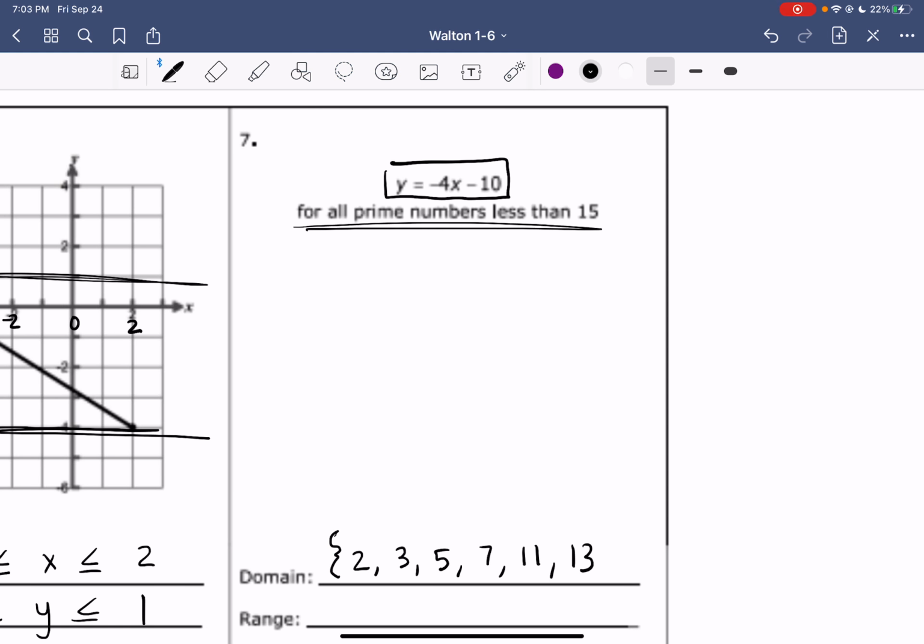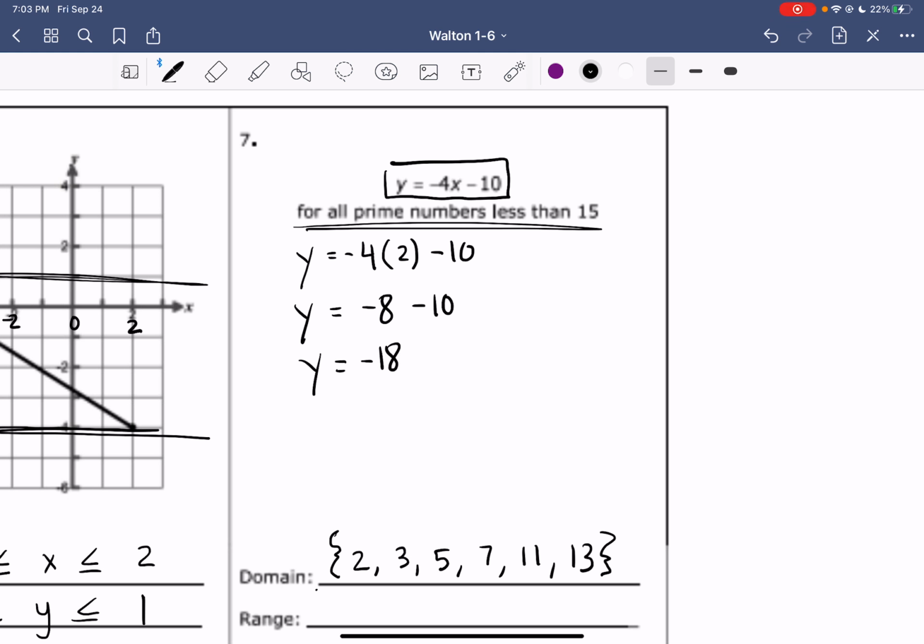Perfect. And then what we're going to do is just what we did before, is now we're going to look at each of our x values and see what happens to our y when we substitute in these specific x's. So we have -4 times 2, which is -8, and then -10, so we get y equals -18.